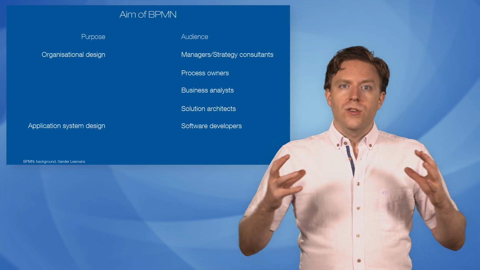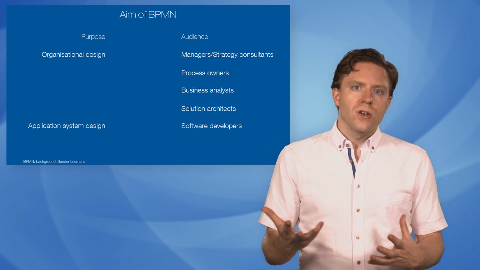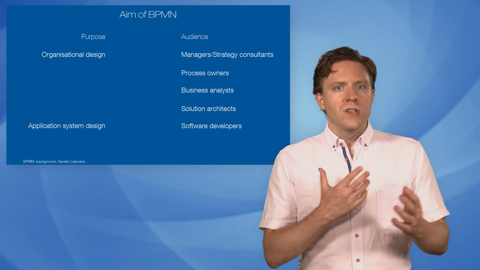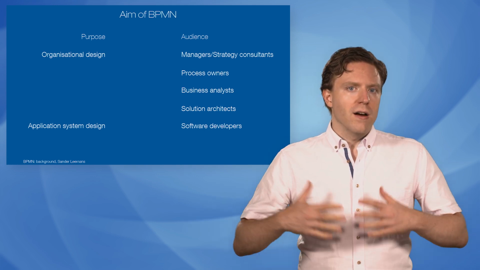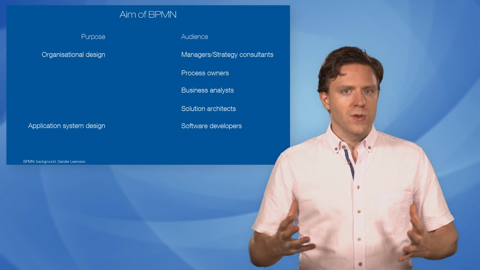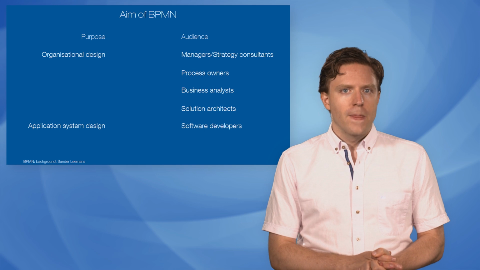One level lower are the solution architects. And solution architects oversee in an organization how different IT solutions are implemented and how they relate to one another. That's what a solution architect does.